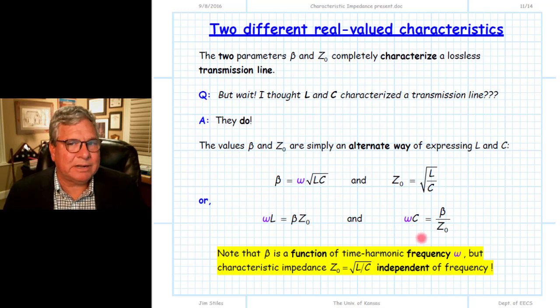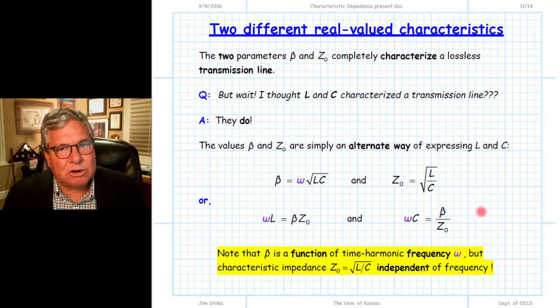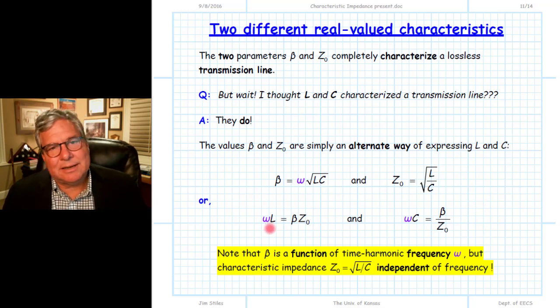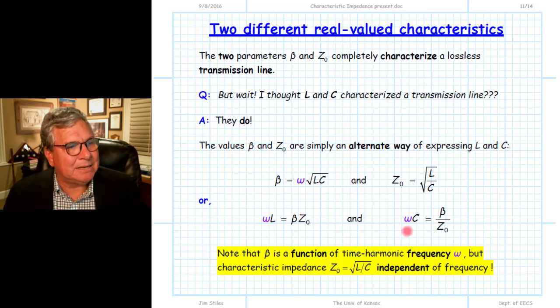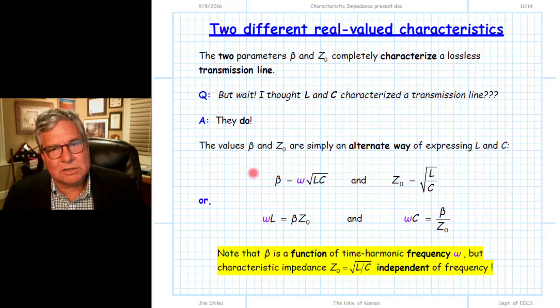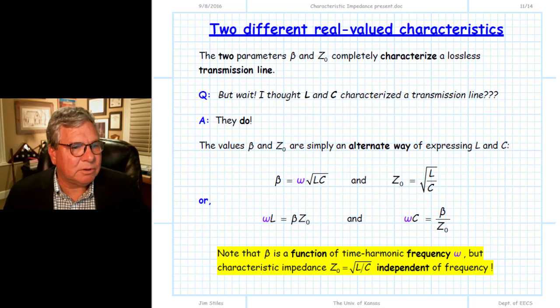Again, G is equal to 0 here, so the shunt admittance is j omega C. And so there's a nice symmetry between L and C, beta and Z0, and series impedance and shunt admittance of our transmission line. One last thing, notice beta does depend on omega, but Z0 does not. And again, this is for a lossless line when R and G are equal to 0.